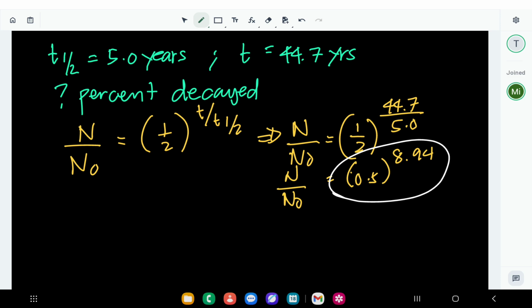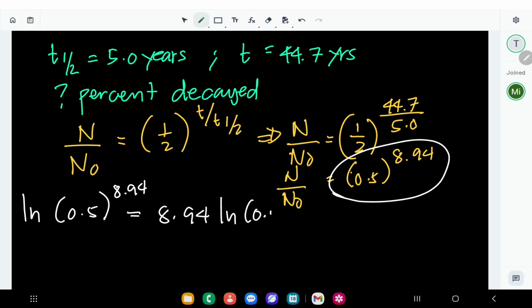We call that the remaining fraction. So that is 0.5 to the 8.94. I got 8.94 from 44.7 divided by 5. We use natural logarithm for this. ln of 0.5 to the 8.94 is just equal to 8.94 ln of 0.5.